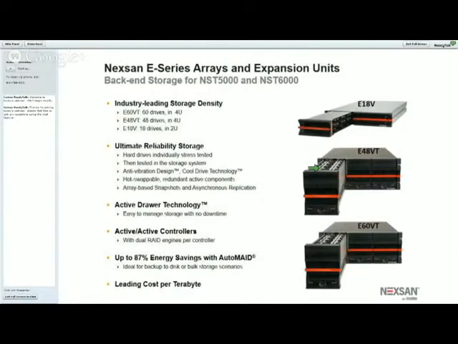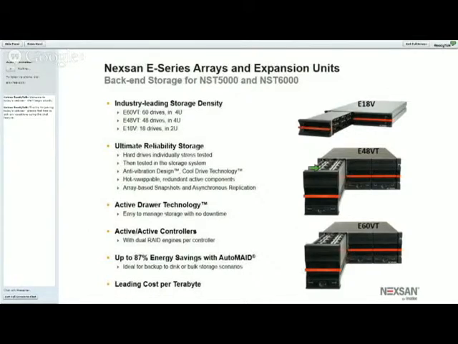And one last thing on the E-Series I will mention is the fact that we have built into these what we call an automate technology. So if you're building a very large infrastructure, we can actually spin the drives down and put them to sleep when they're not in use. That does not hurt the drives at all. As a matter of fact, depending on who you listen to, it can actually extend the life of the drives.